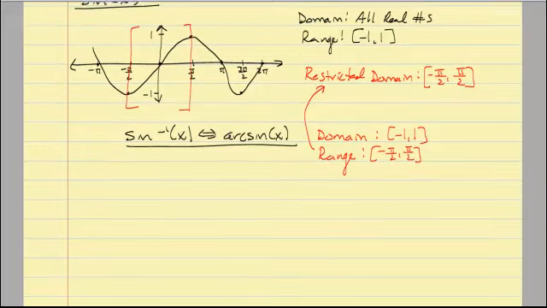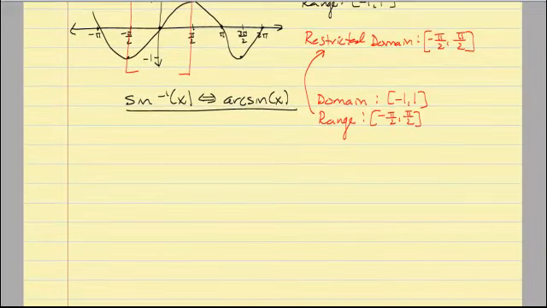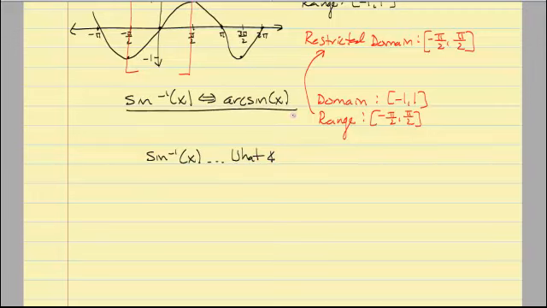So the important thing to remember when you're working with an inverse trig function is what is the meaning of that statement. So let's go ahead and look at an example of inverse sine of x. This means what angle, and again, anytime you see an inverse trig function, the question you want to ask yourself is what angle in the interval -π/2 to +π/2 has a sine of x?